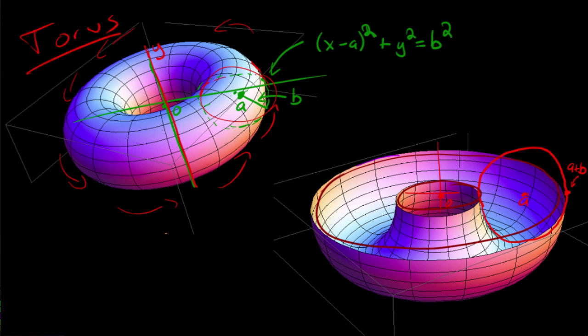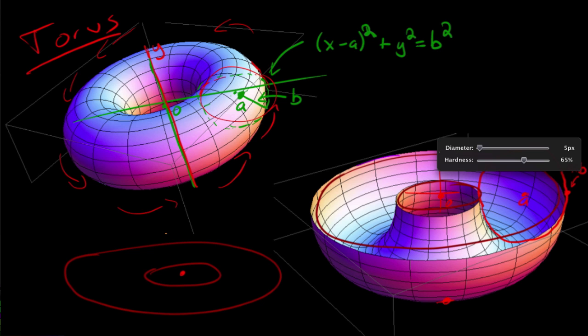Basically we're going to take the area of this washer, and then integrate from the bottom over here to the top of the torus.